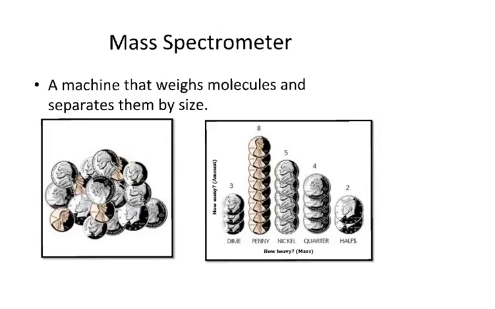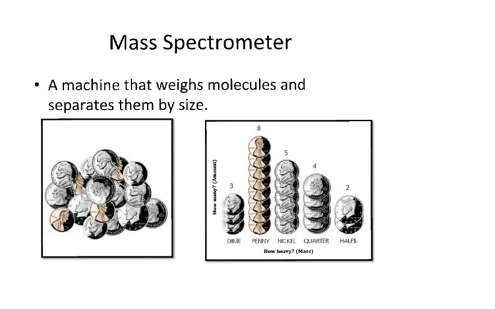So essentially, a mass spectrometer is a machine that weighs molecules and separates them by size. Actually, this is how Coinstars work. If you have a pile of change and you put it in the Coinstar, it's sorting those coins by the weight and the abundance of those coins.